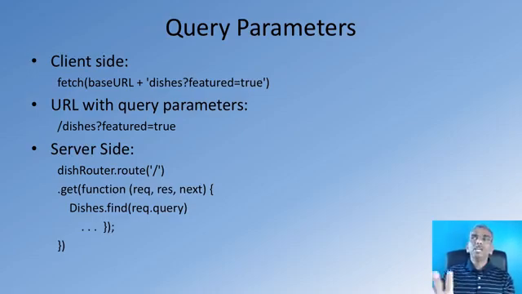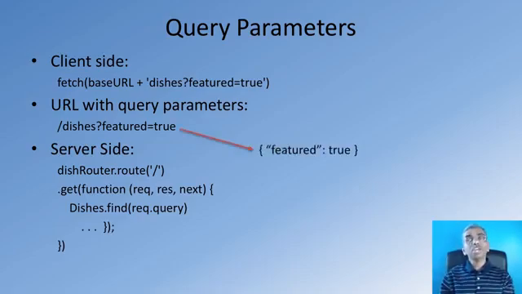Now, when you include a query parameter like that in the URL, how will our server side be able to extract this query parameter? When the incoming request has this query parameter attached to the incoming URL, the Express server will automatically process that and turn that into a JSON object that is loaded onto the request message coming in on the server side.